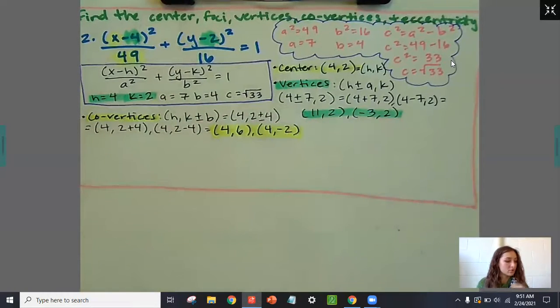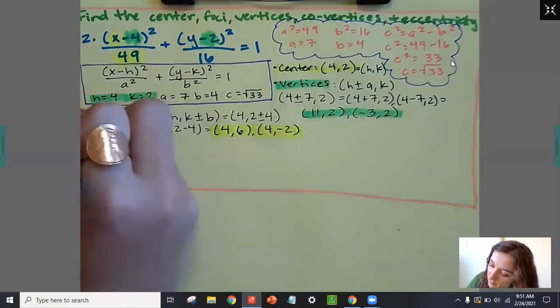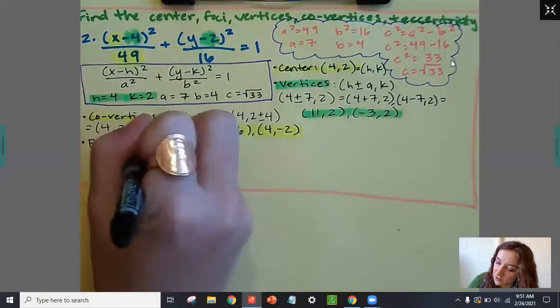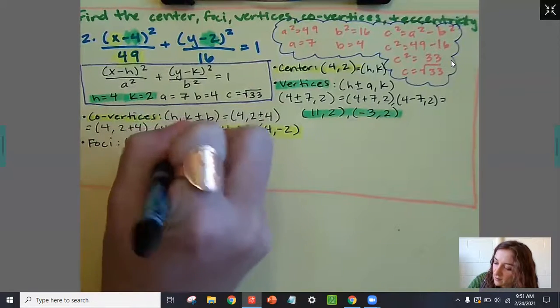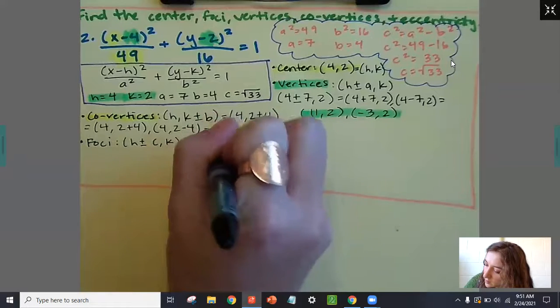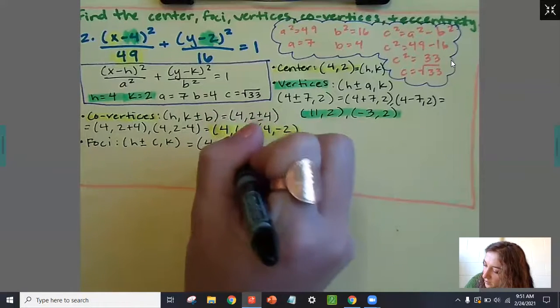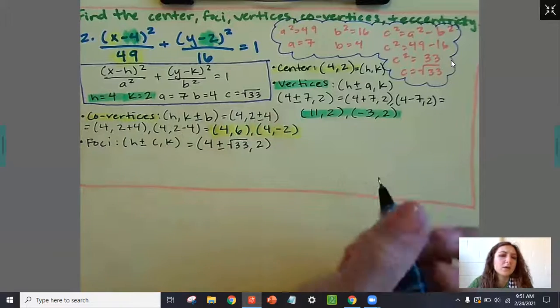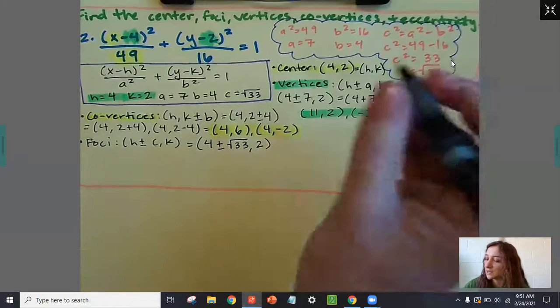Okay, and then we're also going to solve for our foci and our eccentricity. So let's do our foci. The formula for our foci is h plus or minus c, comma k. So our h value is 4, our c value is the square root of 33, and our k value is 2. This looks a little bit scary. It's actually not.